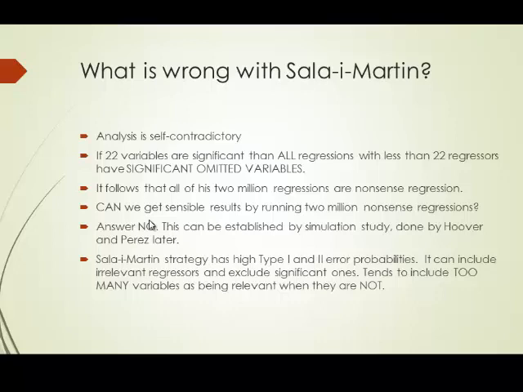It can include many irrelevant regressors, it can exclude significant regressors, and it tends to include too many regressors as being relevant when they are not. So the simulation tells us that if you follow the Sala-i-Martin strategy, which is a variation of the extreme bounds analysis, it doesn't work. It doesn't find the true variables when you know what the true variables are.